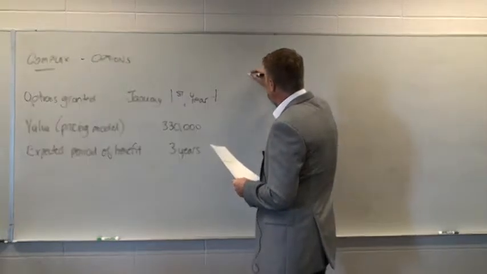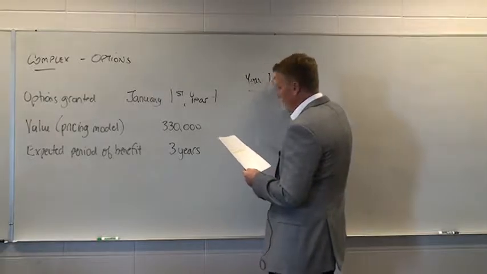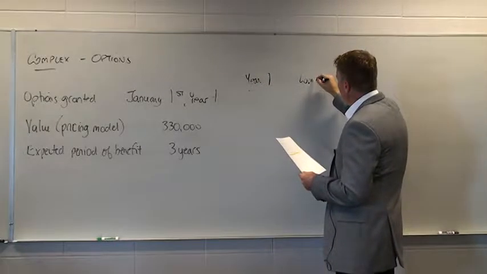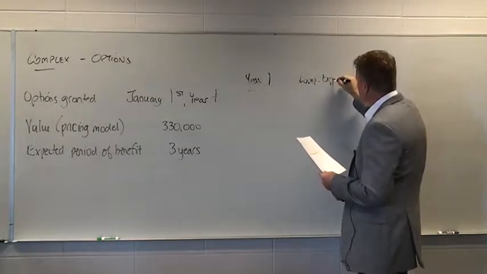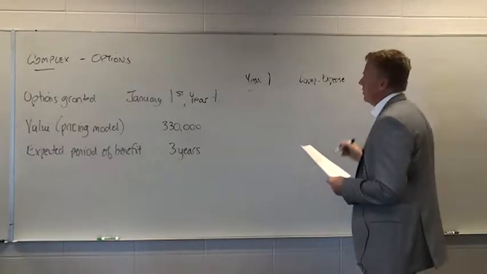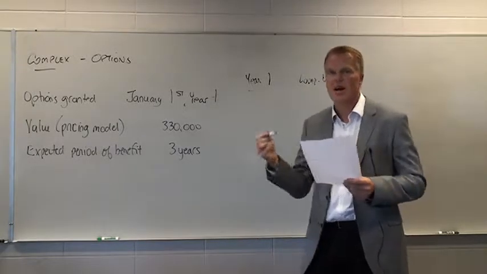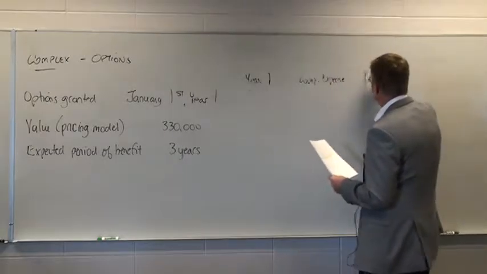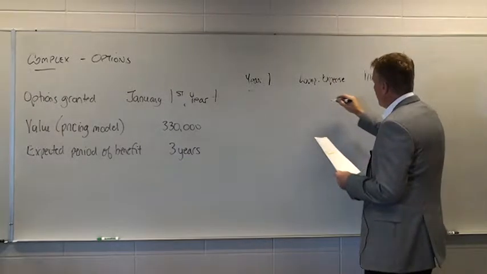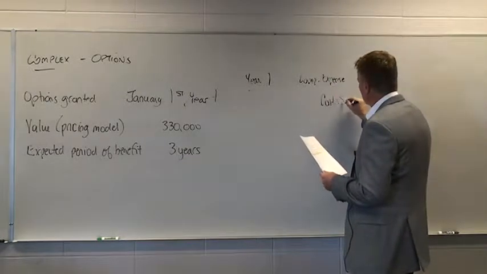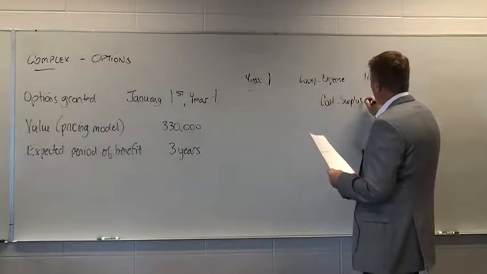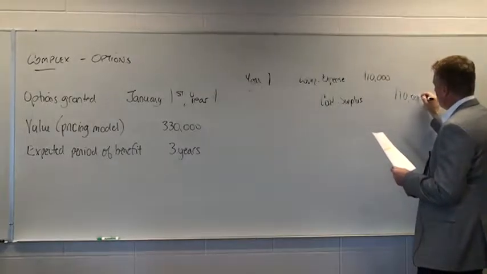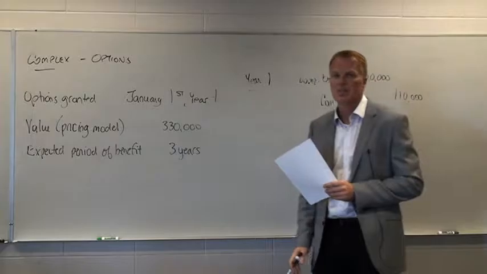So our journal entry for year one will be the following. Compensation expense, $330,000 divided by 3 is $110,000. And again, there's that good old contributed surplus account. Contributed surplus will be $110,000.